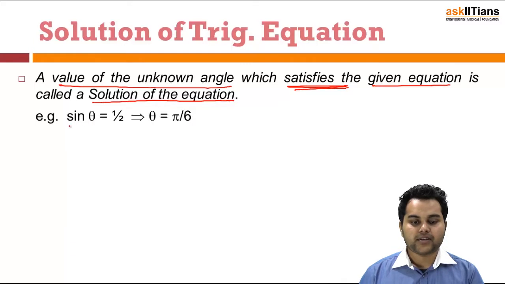For example, if I have sin theta is equal to half, that's a basic example. Now sin theta is equal to half, we all know that theta is equal to pi by 6. So that's a basic value. I'm not saying that this is the only value that will satisfy the equation. I'm saying that it is one of the values.